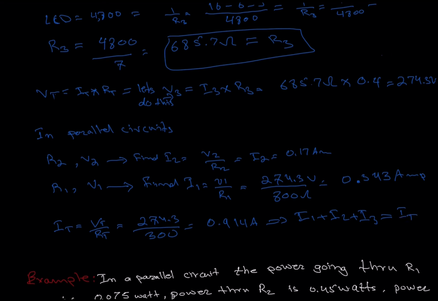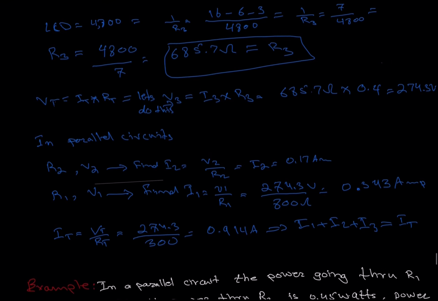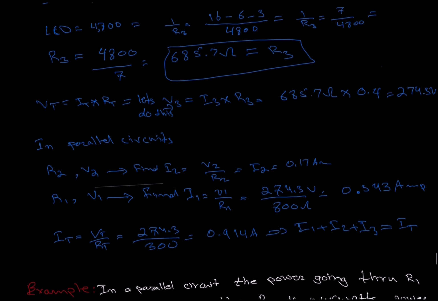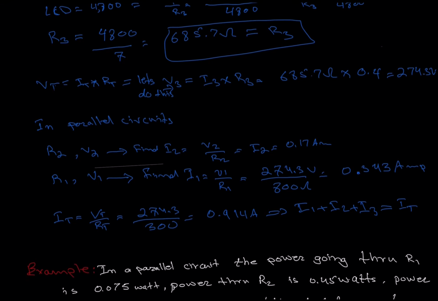To do the math right, let's find out what is I1. We already found I1, which is 0.343 amp. I2 is 0.17 amp. We did not find I3 actually. Let's find I3 right here.